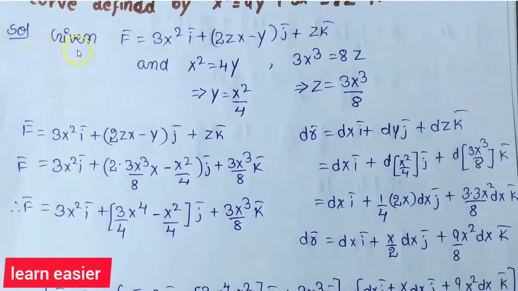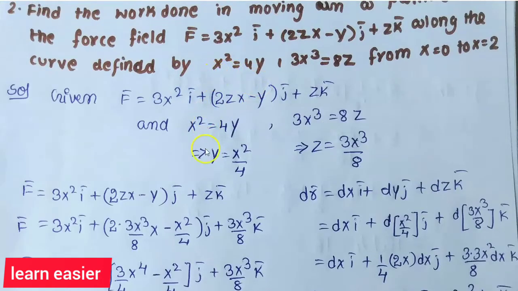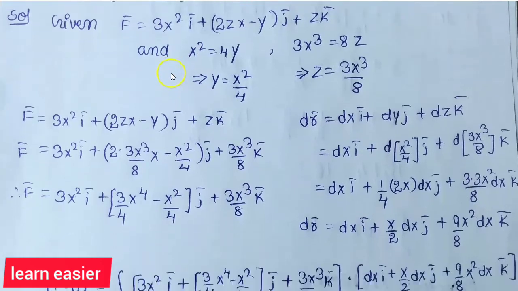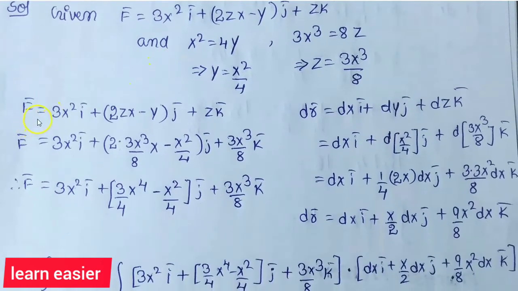The solution is: given F bar equal to 3x square i bar plus (2zx minus y) j bar plus z k bar, and the curves are x square equal to 4y and 3x cube equal to 8z. So we have to convert F bar in terms of x.